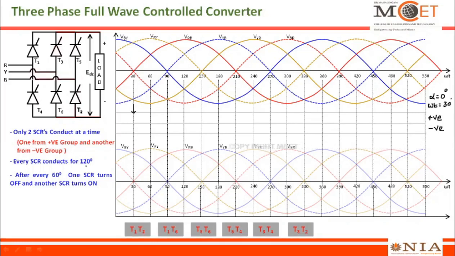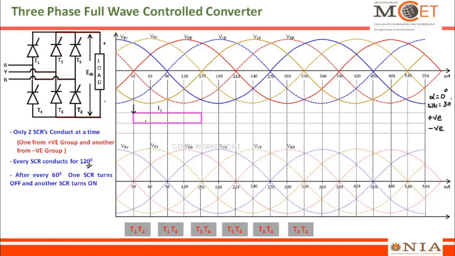As already said, every SCR will conduct for a duration of 120 degrees. So T1 will start at this point and end its conduction after 120. Each of these segments is 30 degrees, so 1, 2, 3, 4; 4 times 30 is 120.